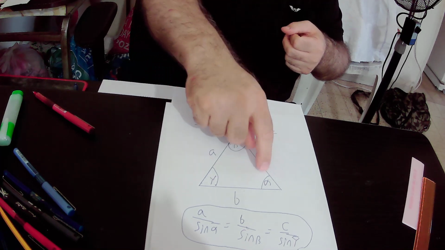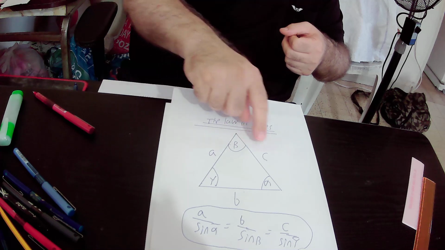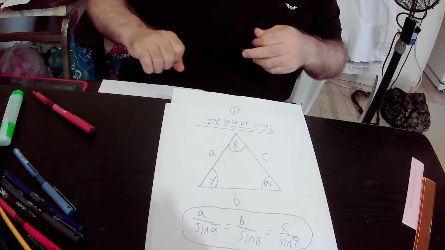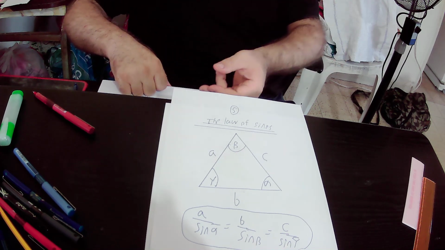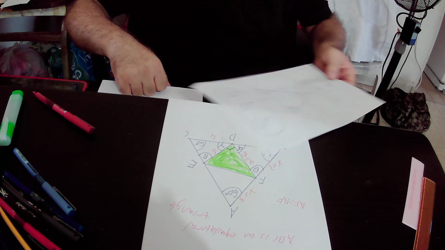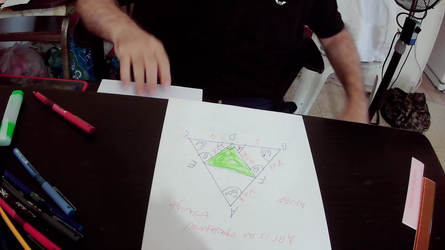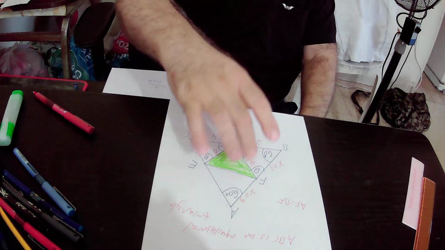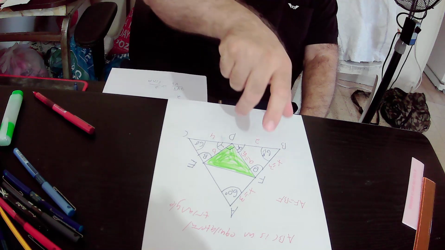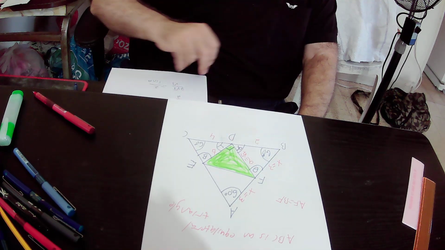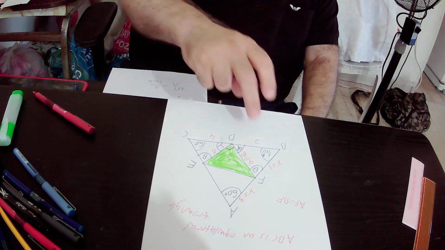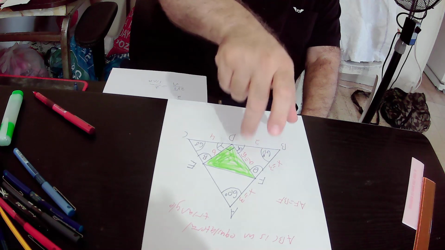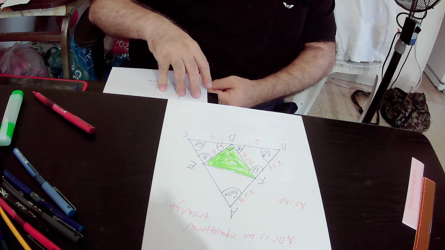A over sine alpha equals B over sine beta equals C over sine gamma. It is true for any triangle. So we can implement the law of sines in triangle BFD. In triangle BFD, FD over sine 60 degrees equals BD over sine theta. Again, in triangle BFD, FD over sine 60 degrees equals BD over sine theta. Okay?